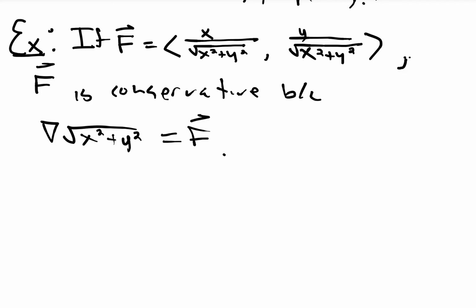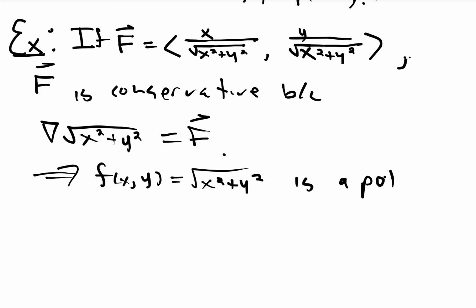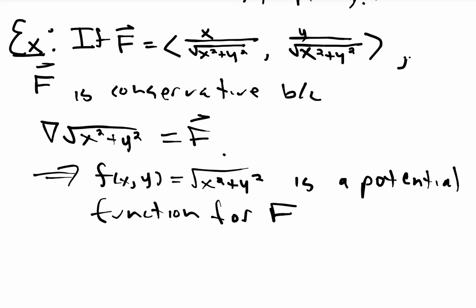So in terms of the terminology we used above, this square root function is a potential function for this F. And since this isn't necessarily the only function we're going to run into, I don't want to keep beating this particular example into the ground.